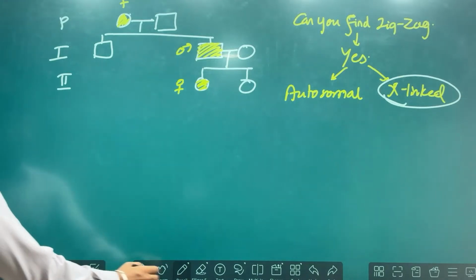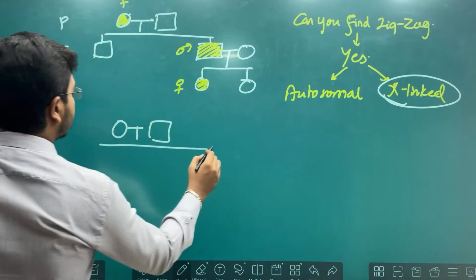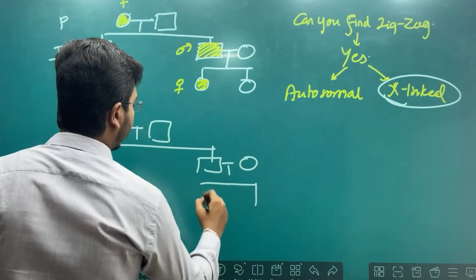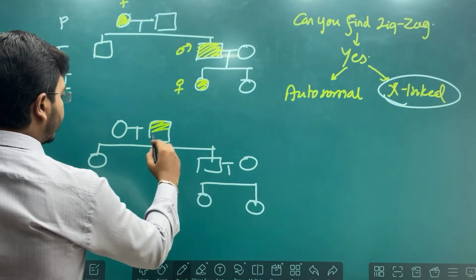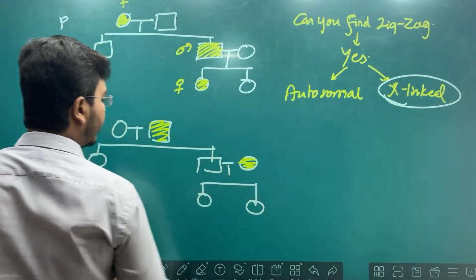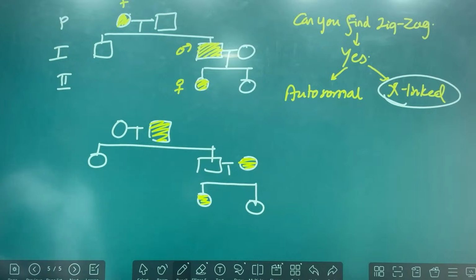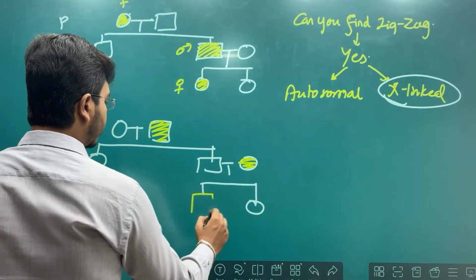Got it? Let me give one more question. Let's say a male and female are crossed, and they got a baby. Let's say father is affected and mother is affected. Let's imagine this is a male.